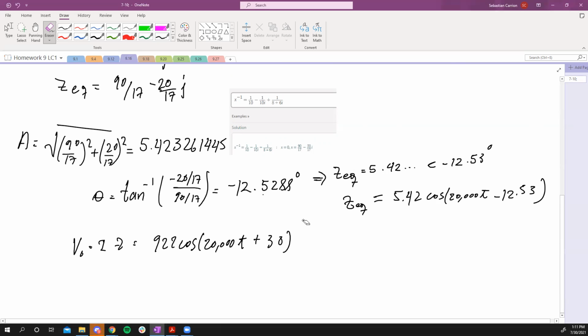Yeah, that'd be closer to the answer. Let's put this in phasor domain.